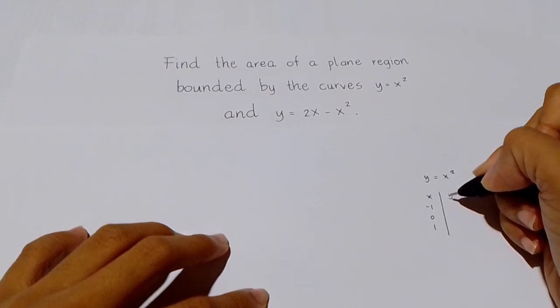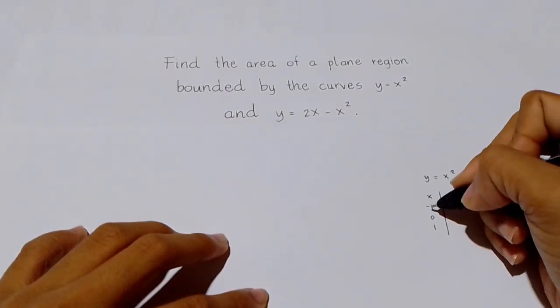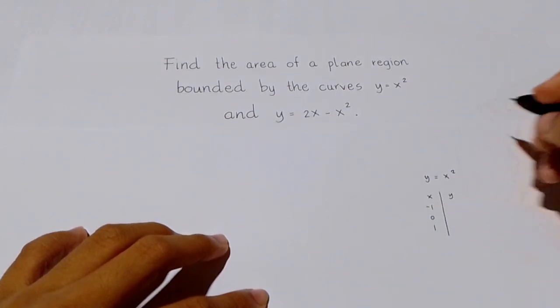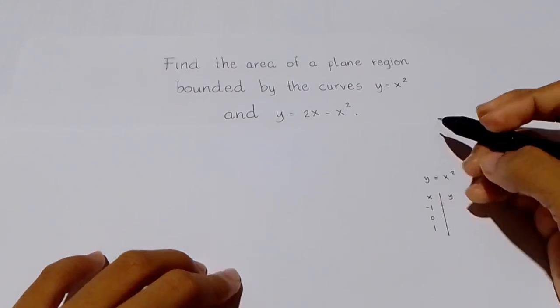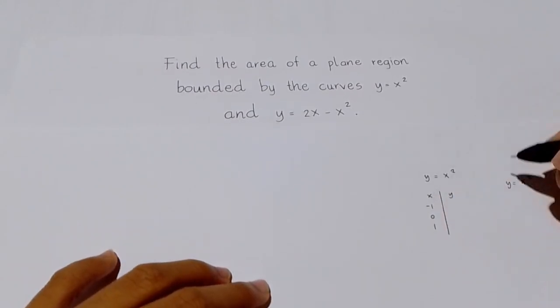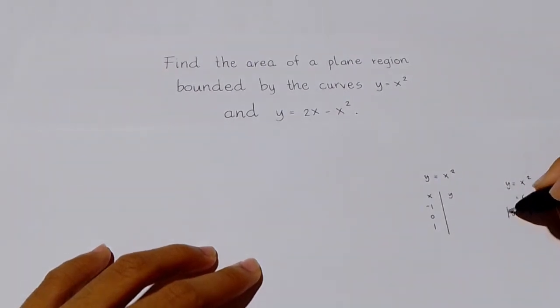In finding the value of y, we will just substitute the value of our x in the given function. So we have here y is equal to x squared. First, if our x is -1, our y is +1.